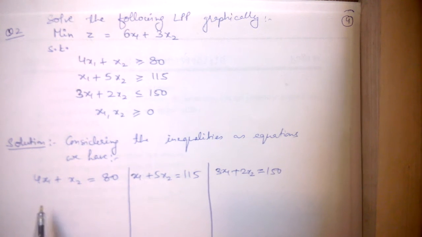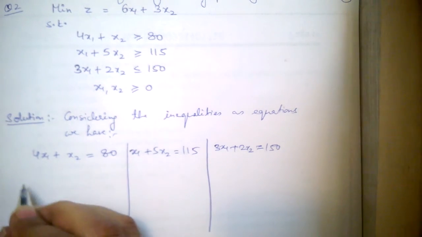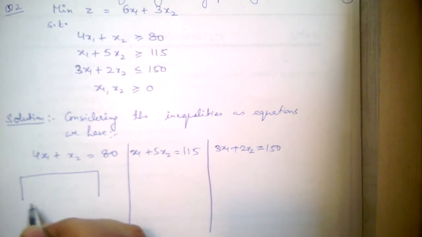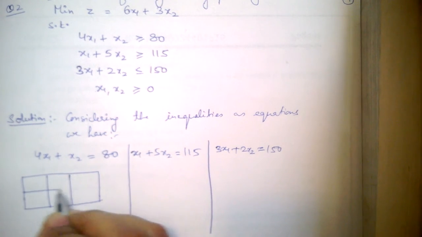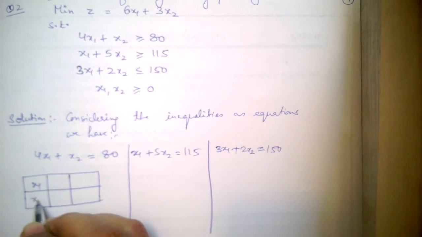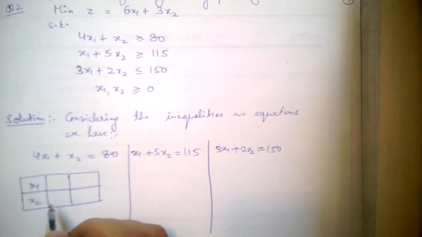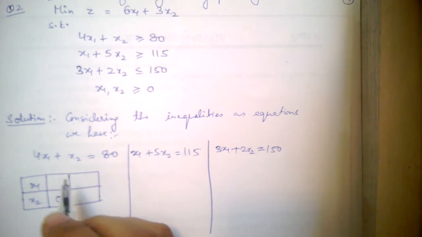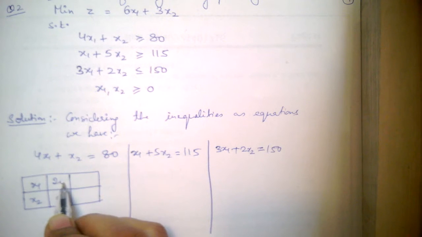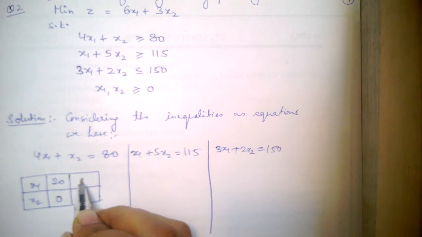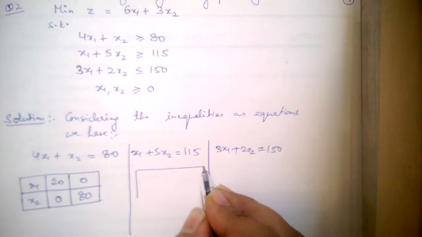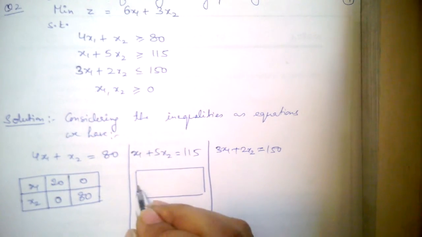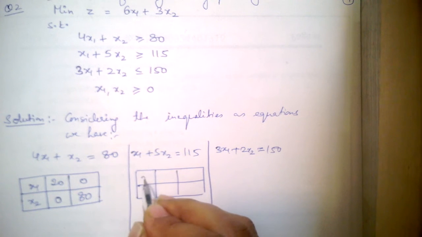Now we'll find out 2 points on each of these lines. So on the first line, we'll find out the values of x1 and x2. Putting x2 as 0, we get x1 as 20, and when we put x1 as 0, we get x2 as 80. In the second equation, again we need to find out 2 points.